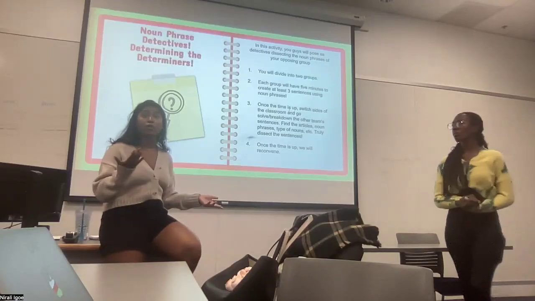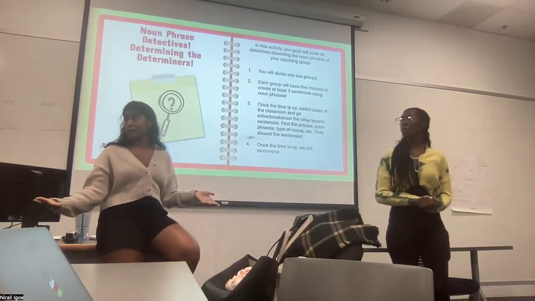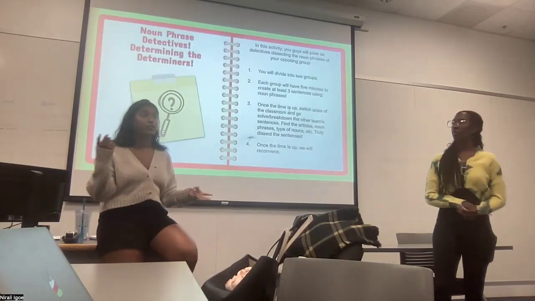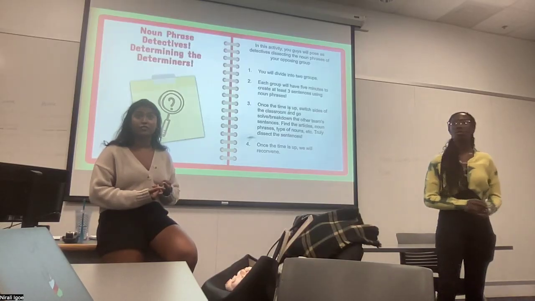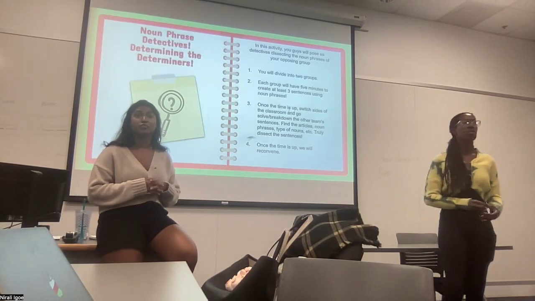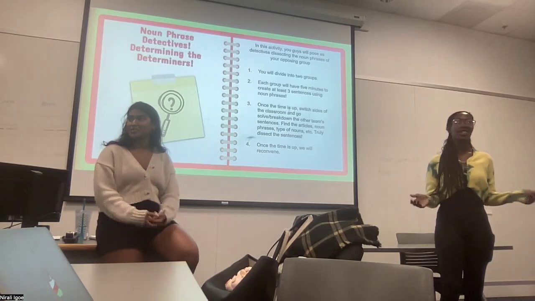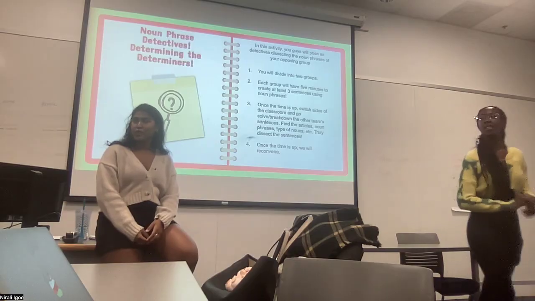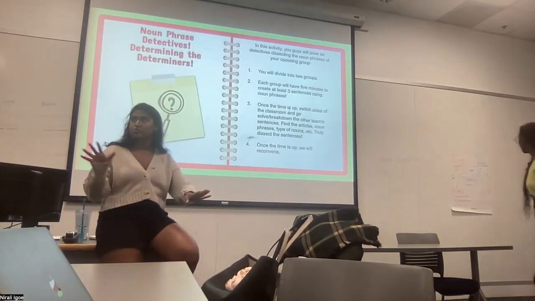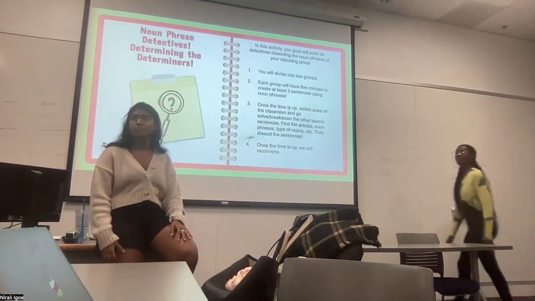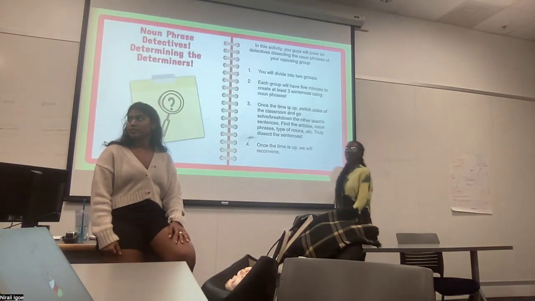And think about what clues you're using, right? We learned semantic, structural, derivational, inflectional. Think about what clues you're using to help you determine what the noun is. So we can switch, beautiful. I'll give you 2 minutes, which I think is enough time to do this, and then we'll reconvene.